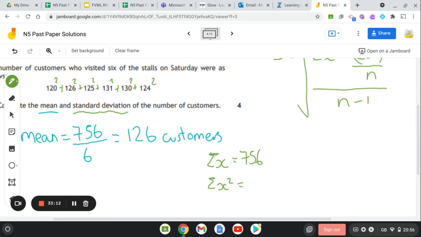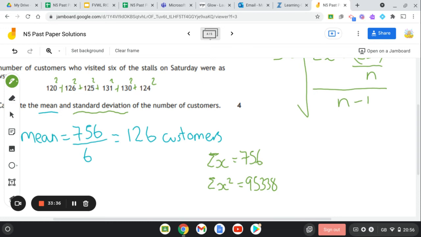So again, it's just picking up your calculator and you're saying 120 squared plus 126 squared plus 125 squared plus 131 squared plus 130 squared plus 124 squared. And the answer that I get for that is 95,338.